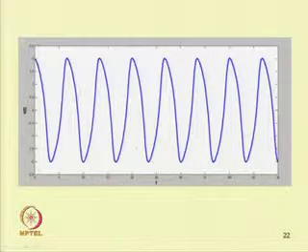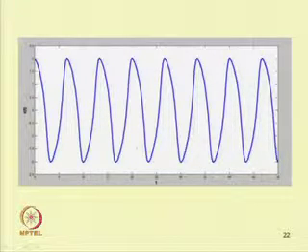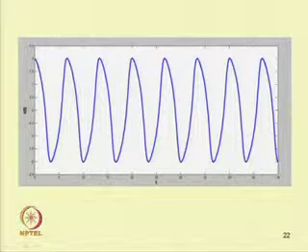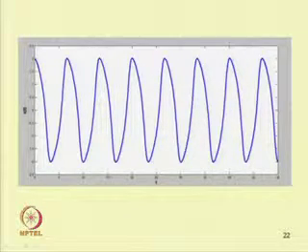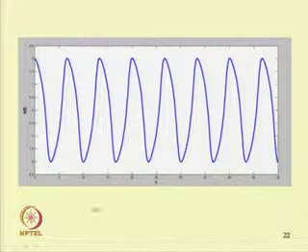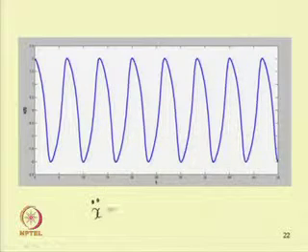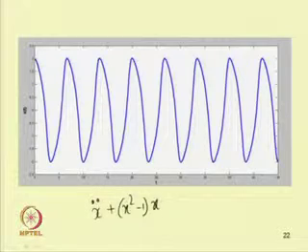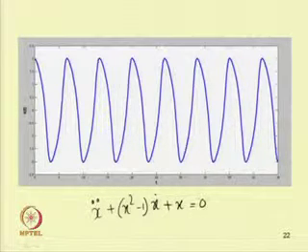van der Pol equation. So, this time response is for the van der Pol equation, where the equation is written in this form, that is x double dot plus x square minus 1 into x dot plus x equal to 0.